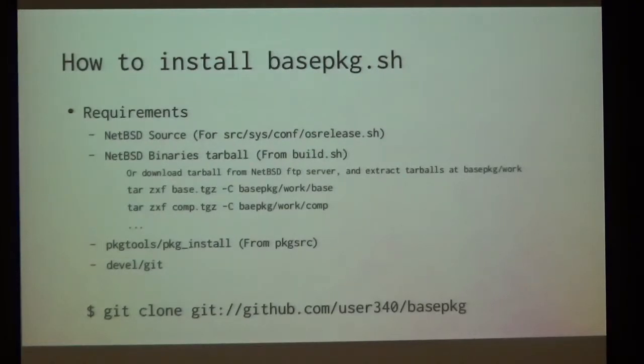We can make it from build.sh, but this takes a long time. Then we can choose another way: download tarballs from an FTP server and extract them to the basepkg work directories.